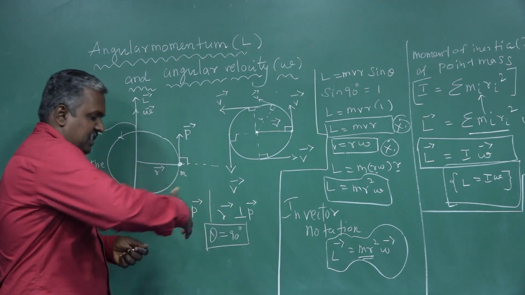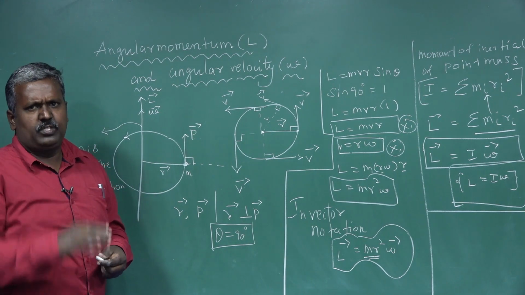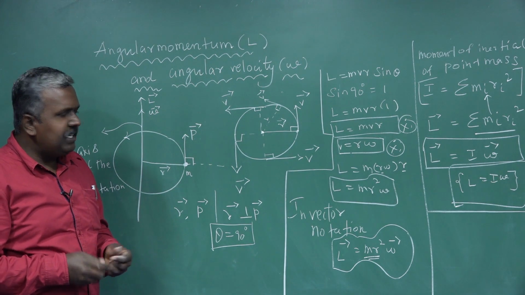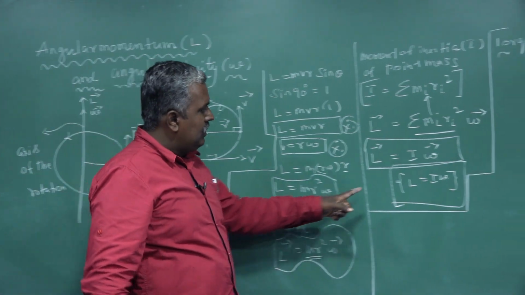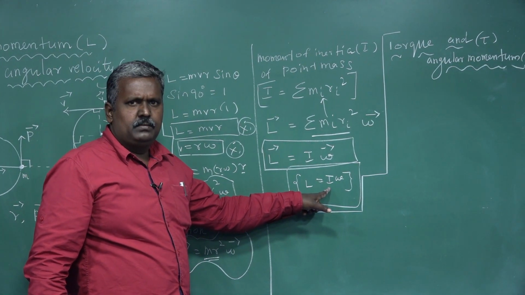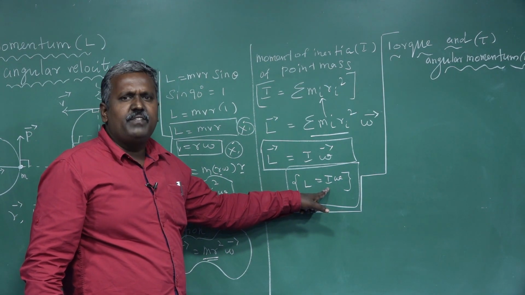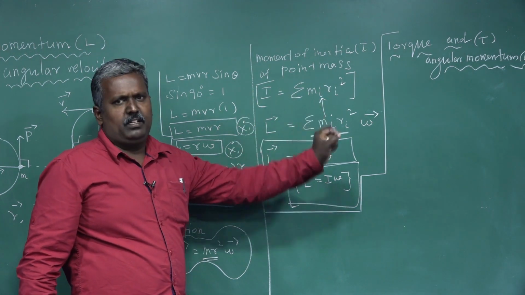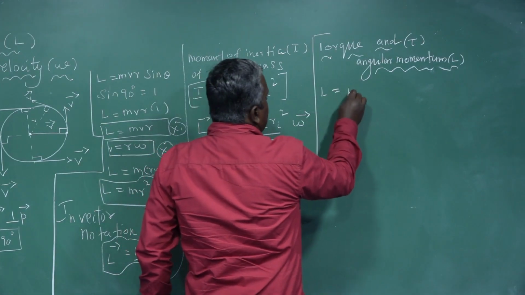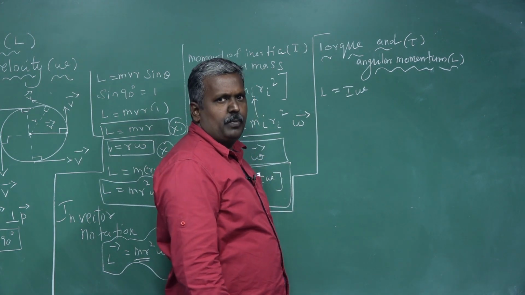In Tamil, thiruppu is the turning effect of force. Already we have L is equal to I omega, so consider this to derive the famous equation for the relation between torque and angular momentum.